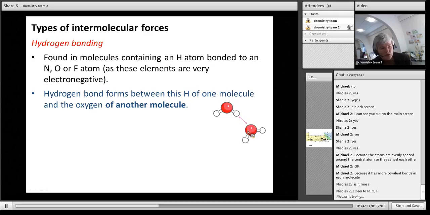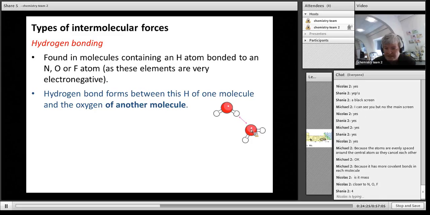And oxygen, if you drew the Lewis structure of oxygen, how many lone pairs of electrons does oxygen have? Does anybody want to have a guess? Oxygen has 2 lone pairs of electrons, because remember, oxygen has to have an octet.